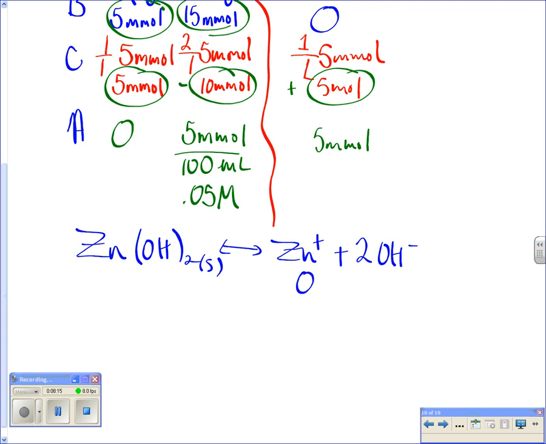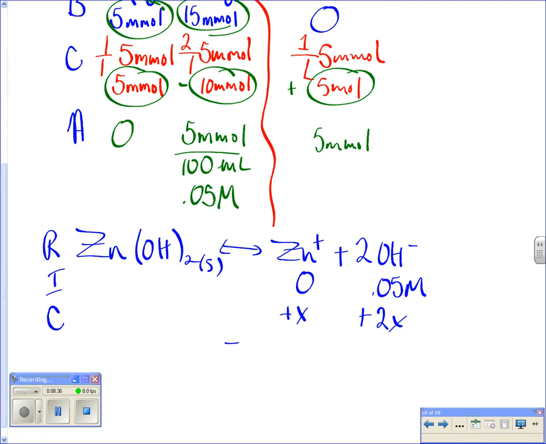Well, to start with, I'm going to say I have 0, but I have some of this floating around. So if we do our RICE, this is our initial, and then what's our change? Well, our change in this case is going to be plus x and plus 2x.